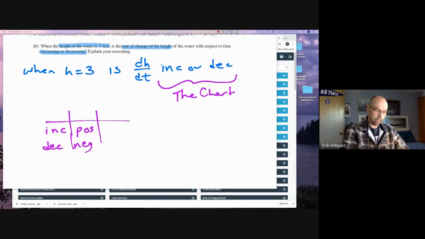So if we relabel our columns, when we're trying to figure out whether dh/dt is increasing or decreasing, to get to that next column we take the second derivative, so we differentiate what we have. Then we figure out whether that thing is positive or negative when h is equal to 3, and that lets us determine whether dh/dt is increasing or decreasing.